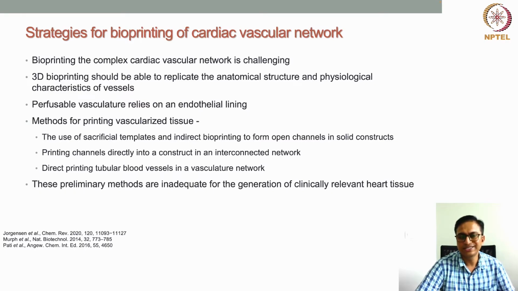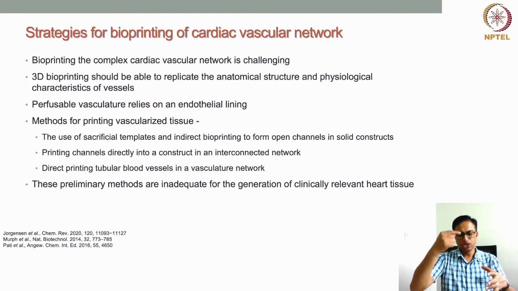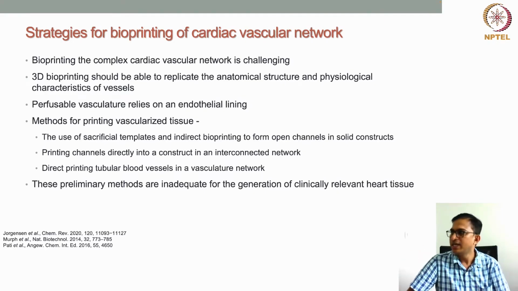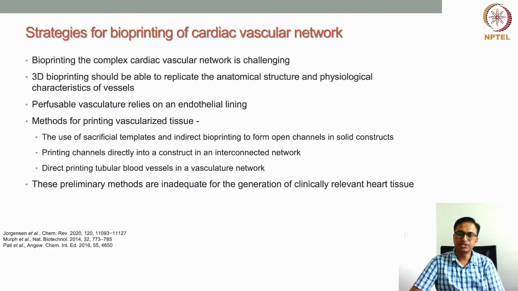And we have also seen indirect bioprinting. We have already discussed in our earlier lectures where the use of a sacrificial material is very important, and the sacrificial template is used to form open channels in the solid construct. Suppose we print within a hydrogel: we print the sacrificial template first, then we put the hydrogel around it, and later the sacrificial material can be taken away, leaving a vascular network or channel structure.